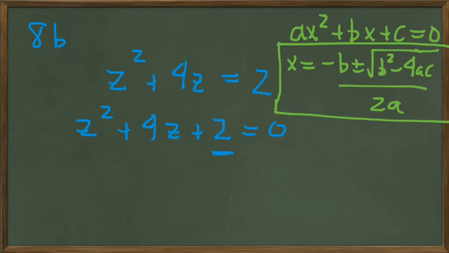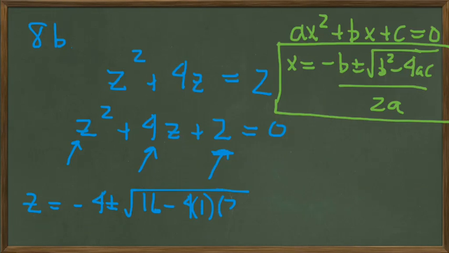So we've got the quadratic formula written here, and when we apply that to this problem, the b is 4 and the c is 2, so we get z equals negative b plus or minus the square root of b squared minus 4. The a right here is 1, because that's the coefficient of the z squared.